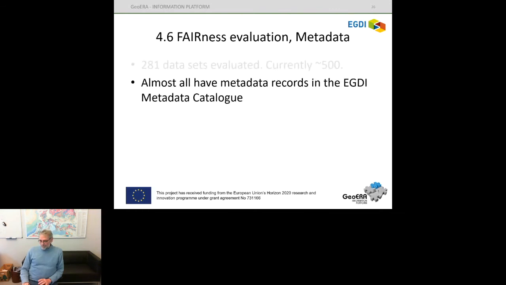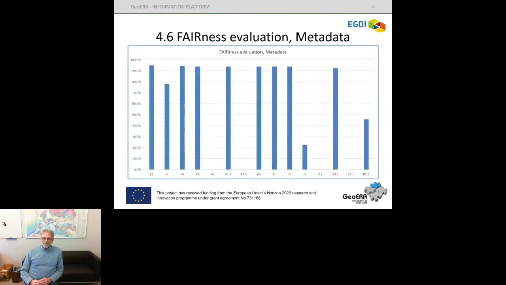We have encouraged, let's say, or forced all the data producers of GeoERA to register metadata records in our metadata catalog, and then we looked at to what degree they actually were FAIR.